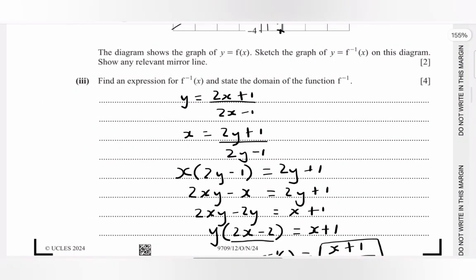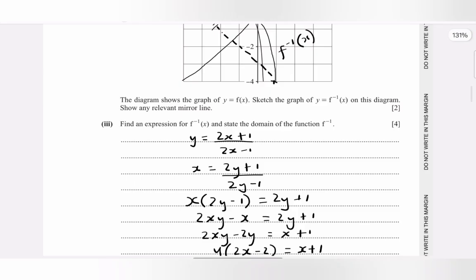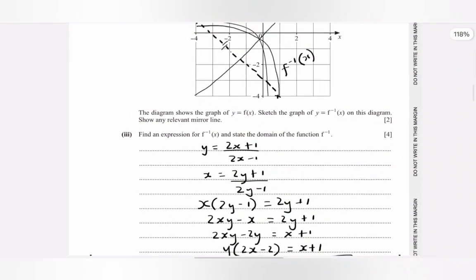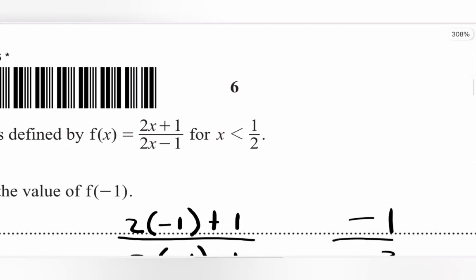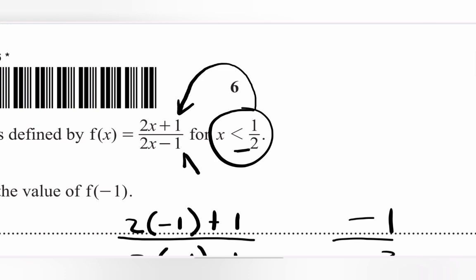And for the domain, we know that the range of the original function is the same as the domain of its inverse. And so for that, since we are told up here that the domain of f of x is x being less than half, to get the range of f of x, we're just going to substitute values that are less than half into f of x.